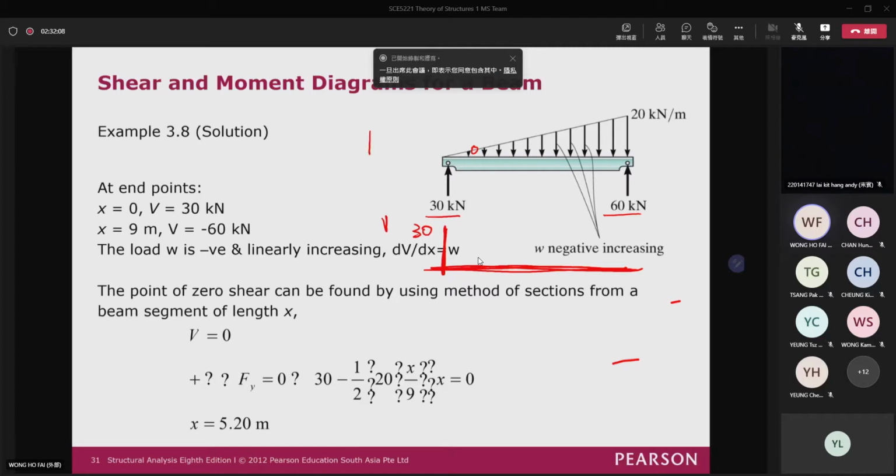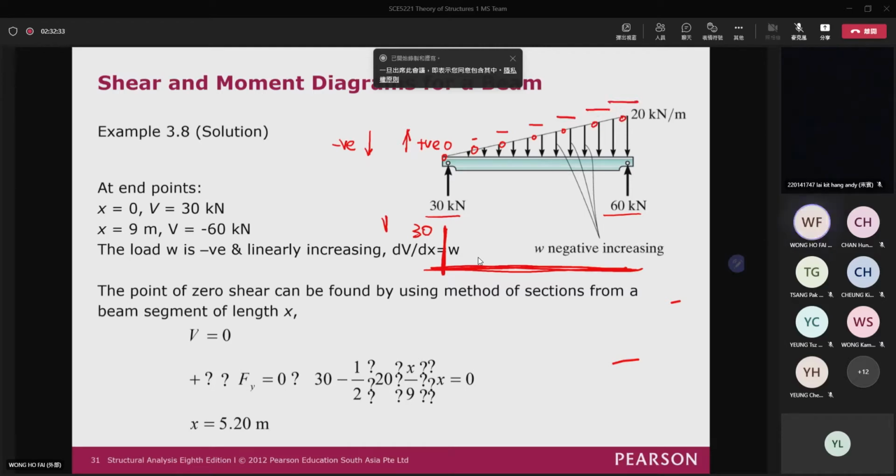Now, when it is pointing downward, it is a negative value. And when it is pointing upward, it is a positive value for the distributed load. So you can see that at first it is 0, and then it is a small negative value for the distributed load, and then more and more negative, very negative, and super negative, okay?